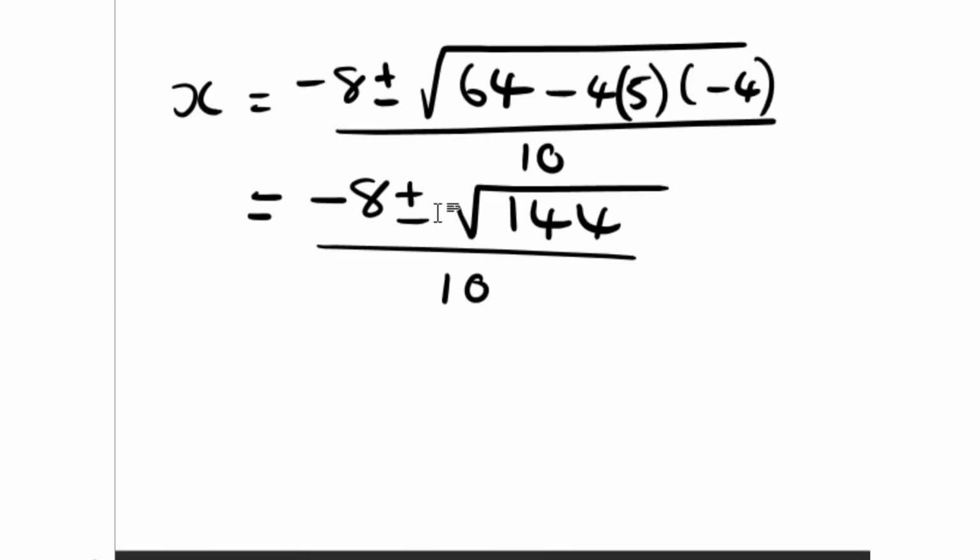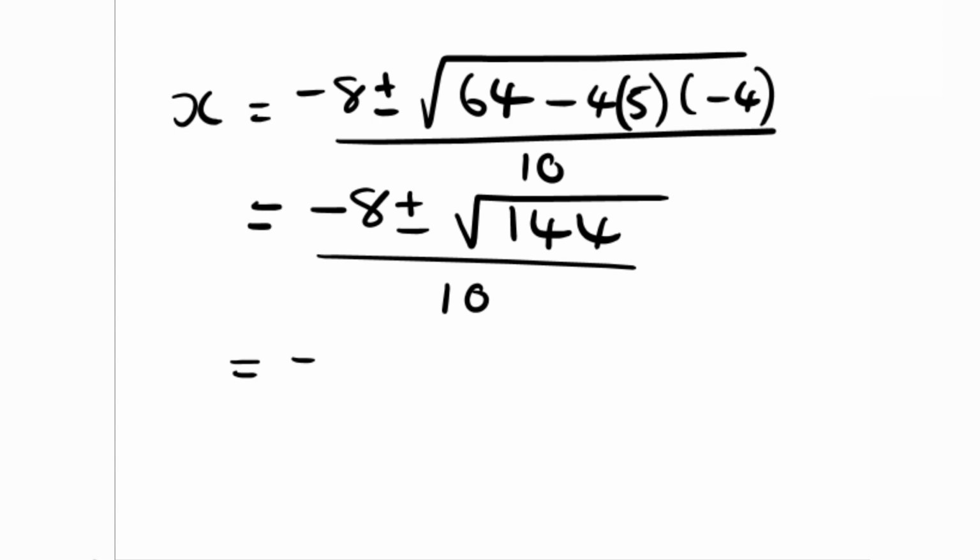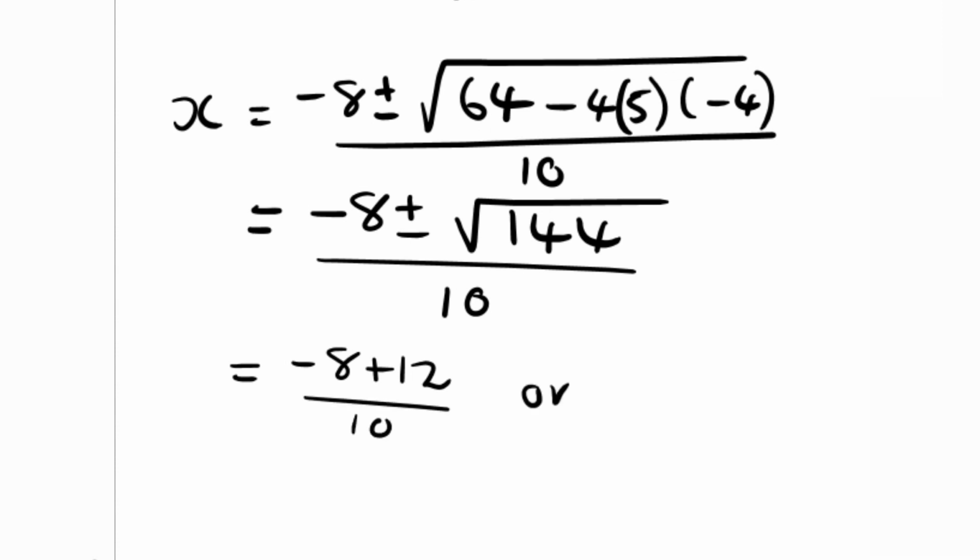Now we have our first x as minus 8 plus the square root of 144, which is 12, everything divided by 10. Or we get our second x as minus 8 minus 12, everything divided by 10.